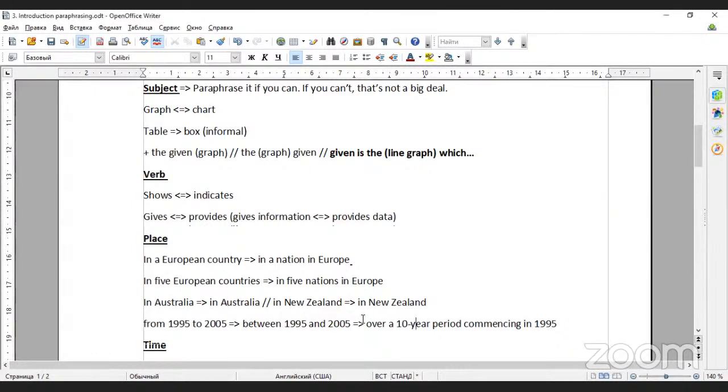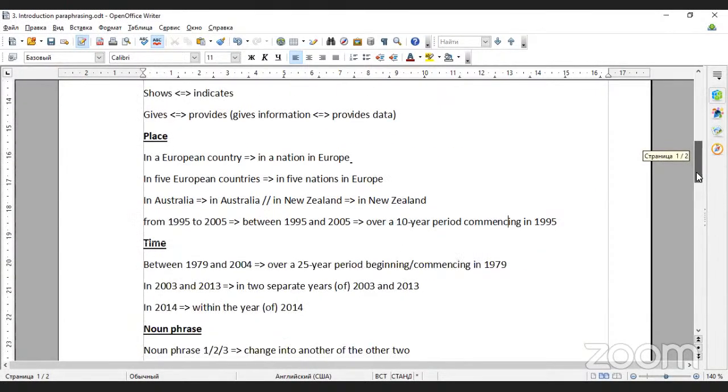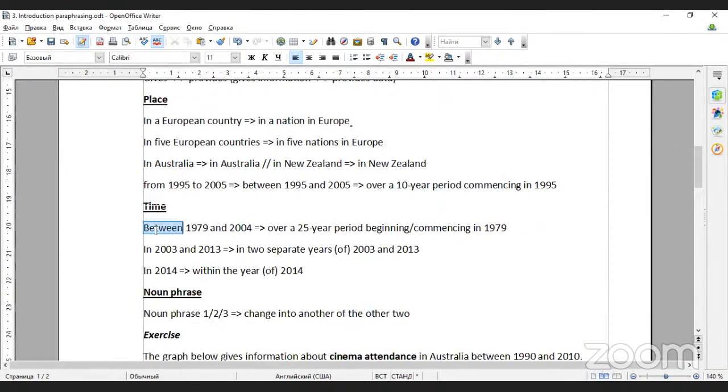Well, anyways, what I recommend is this: over a 10-year period commencing in 1995. So, for example, if you have between 1979 and 2004, most candidates will paraphrase it from 1979 to 2004. Now, my recommendation, and what my students do, is that we write over a 25-year period commencing in 1979.